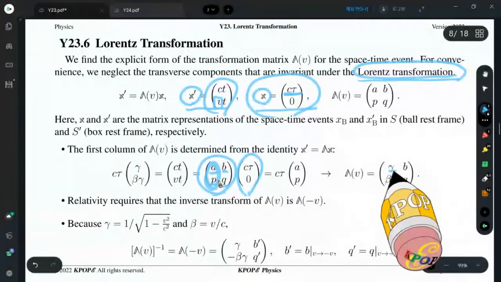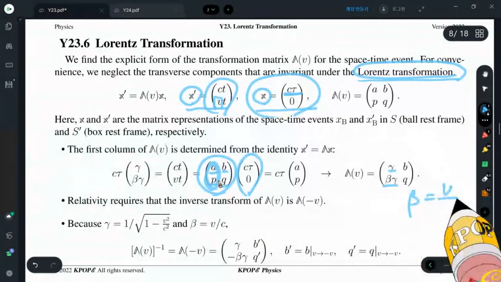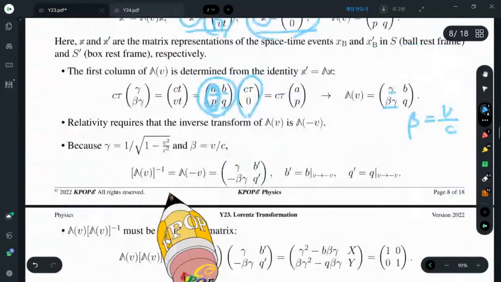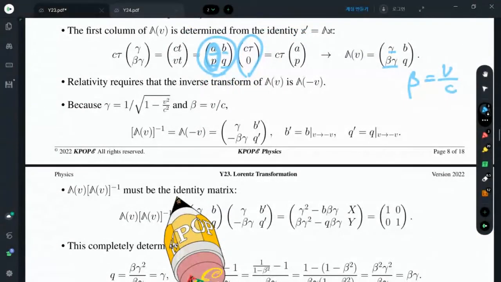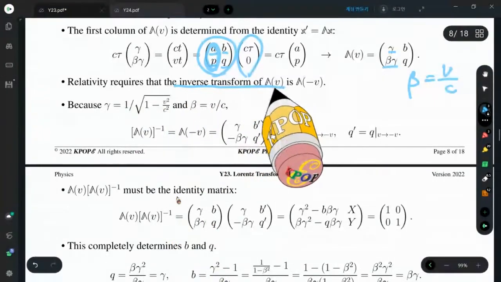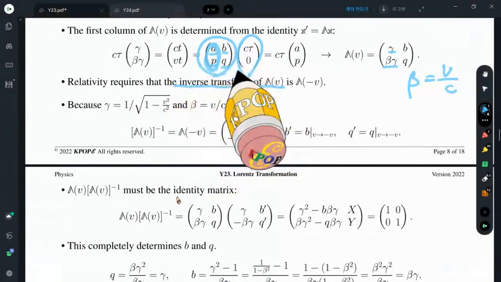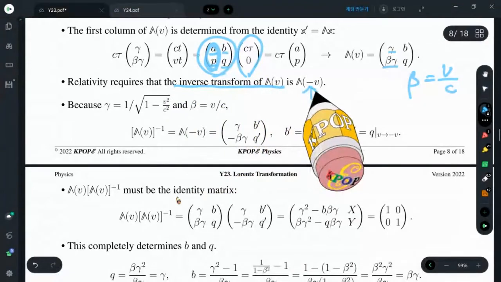The result is gamma and beta gamma, where beta is v over c. Einstein's relativity states that, just like Newton's third law of motion, the inverse of this transformation matrix can be obtained by flipping the sign. Why?